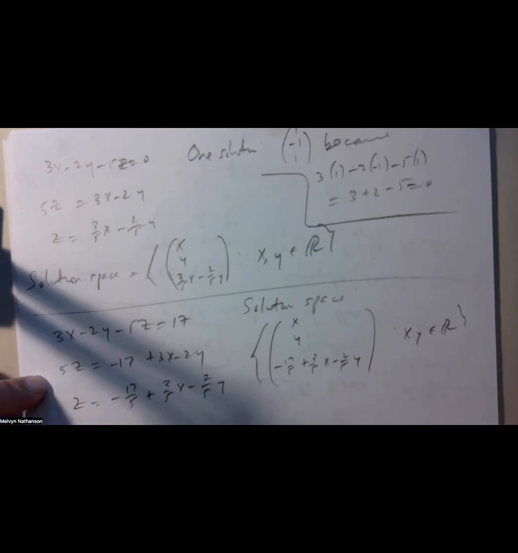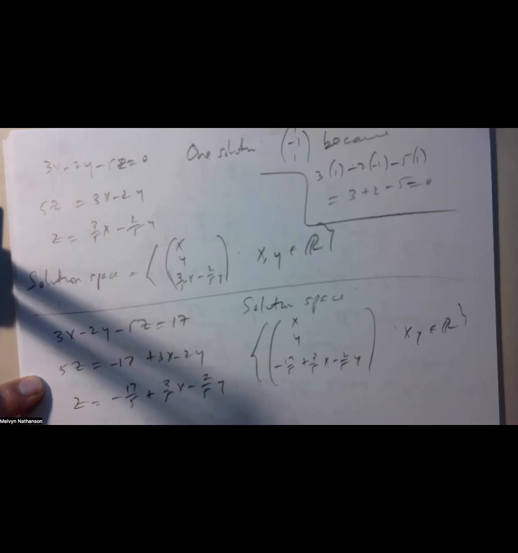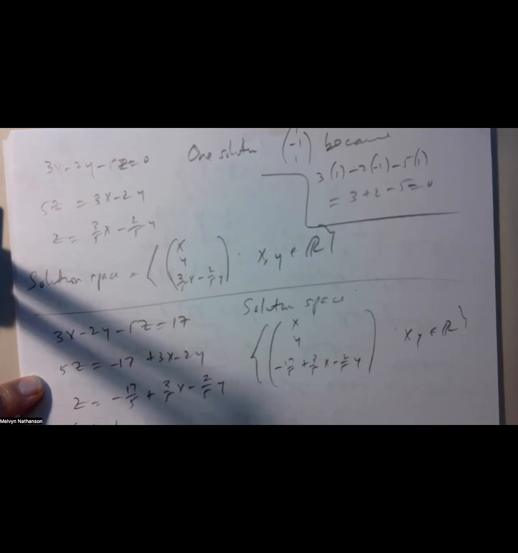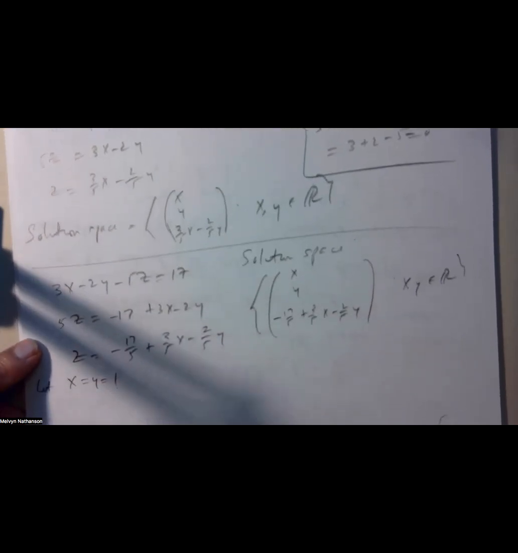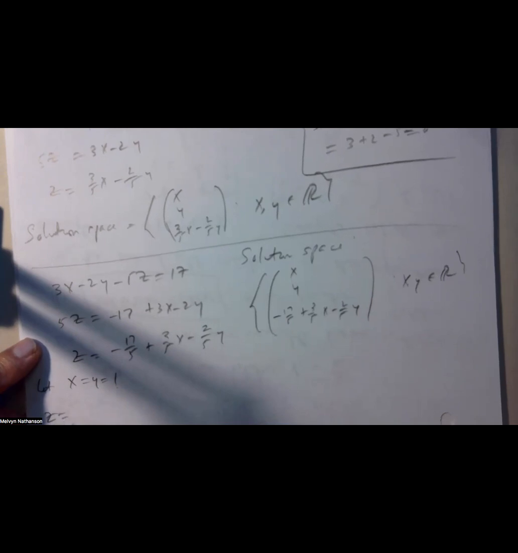So for example, let me just double check and make sure this is correct. Looks okay. Suppose I let x and y be 1. If x and y are 1, z is minus 17 over 5 plus 3 over 5 minus 2 over 5. What is that?